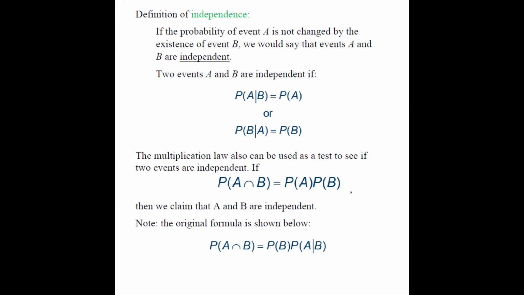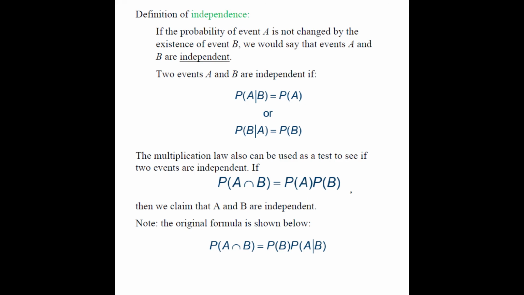Definition of independence. If the probability of event A is not changed by the existence of event B, we say that events A and B are independent. This suggests A and B have nothing to do with each other.